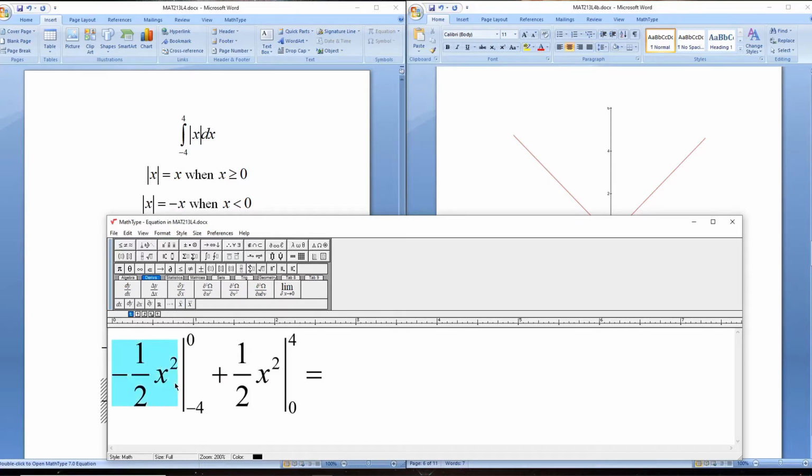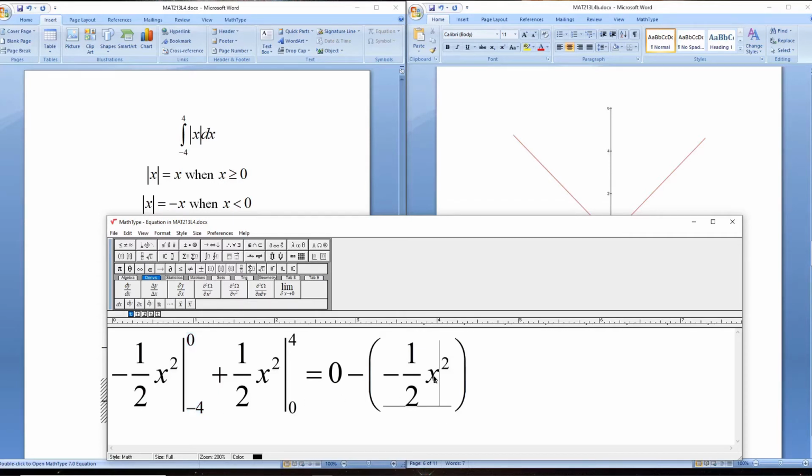So we're going to do f of b minus f of a. We're going to take the first antiderivative and plug in b, which is 0. So plugging 0 into all of that will get us a 0. And then we subtract off plugging in a. So now we're going to take our antiderivative and plug a into it, which is -4.